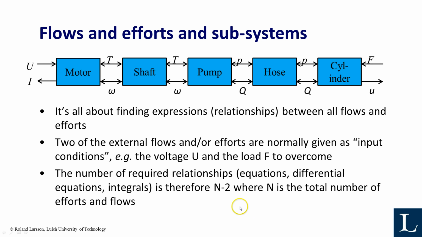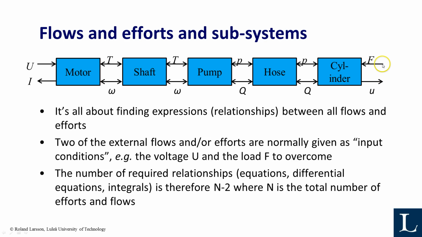In this case, there are 1, 2, 3, 4, 5 subsystems, and there are actually 1, 2, 3, 4, 5, 6 multiplied by 2, 12 different inputs, efforts and flows.